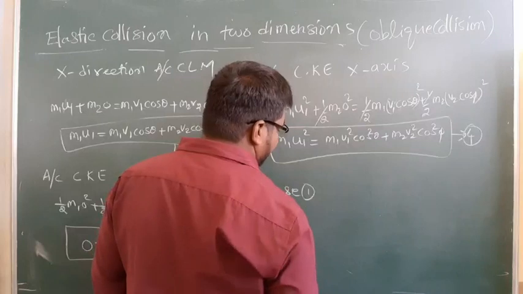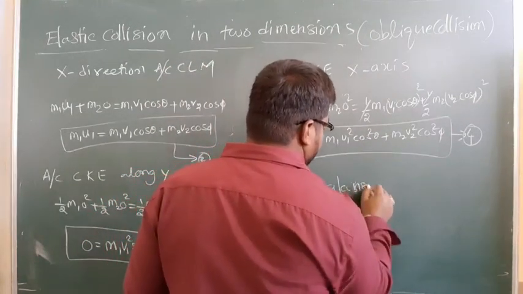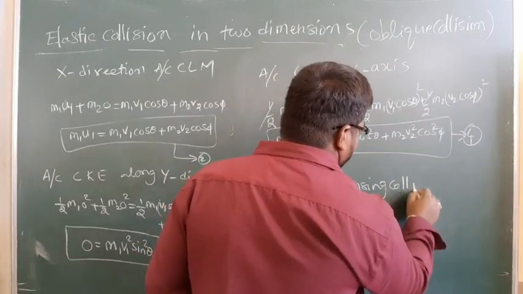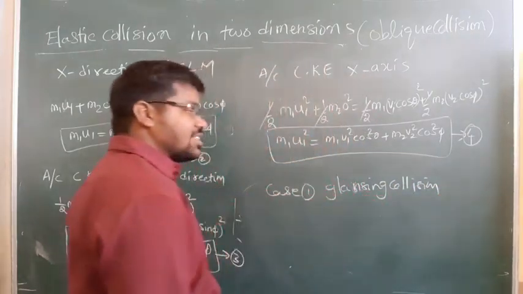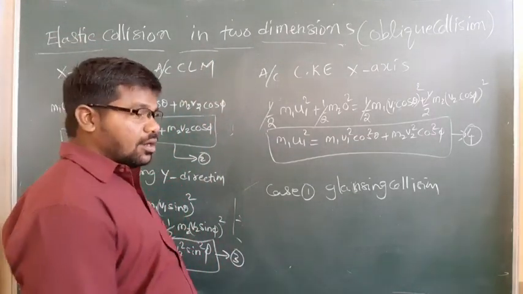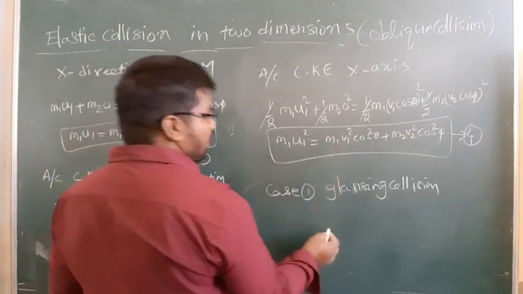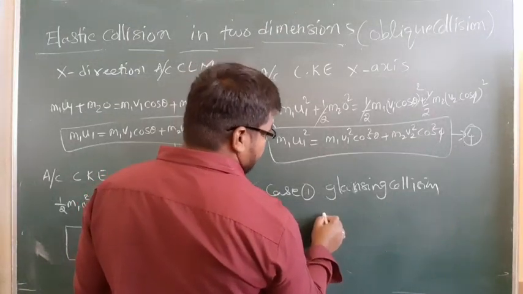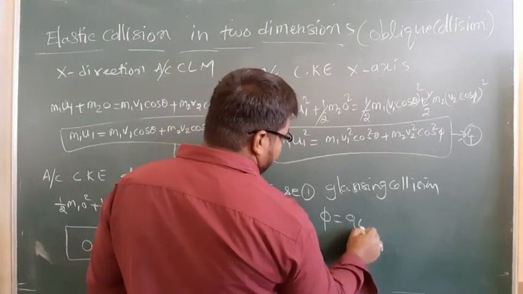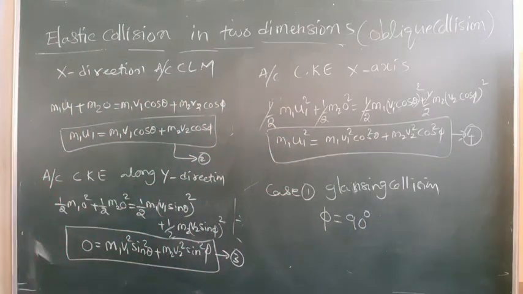Case 1: glancing collision. In a glancing collision, for the second body phi is equal to 90 degrees, and theta is equal to 0.